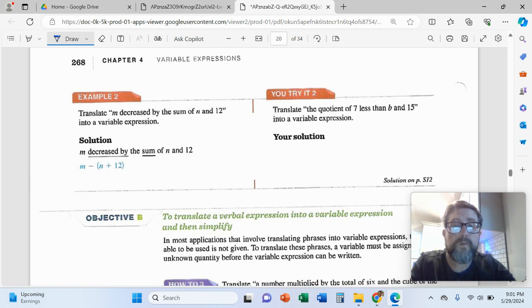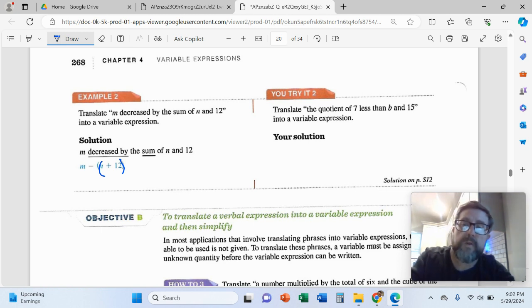Okay, translate m decreased by the sum of n and 12. So you have m minus, and they put these in parentheses there so you figure out what n plus 12 is before you take it away from m.